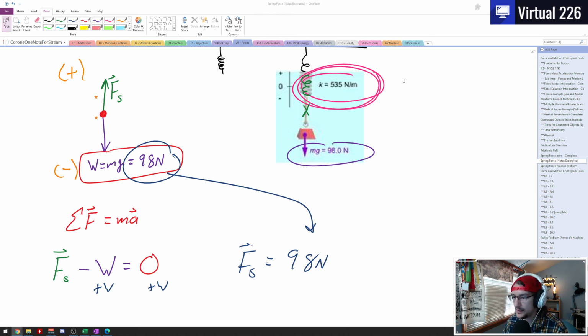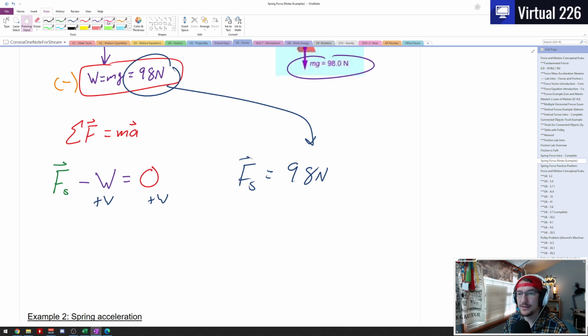When we recognize that the spring force has to be kx equals 98 newtons, I've kind of ignored the negative sign here because I know that this is stretched from its original position. Our k, our spring constant, the strength of the spring, being 535 multiplied by x, some stretching distance we're looking for, equals 98.